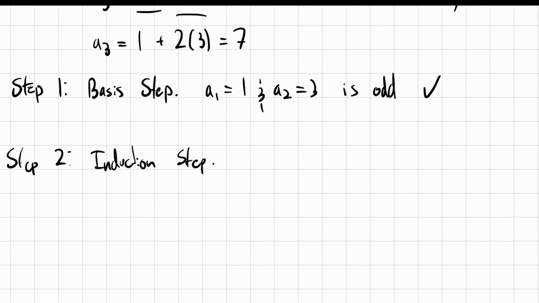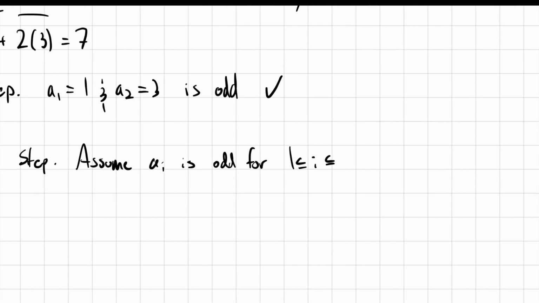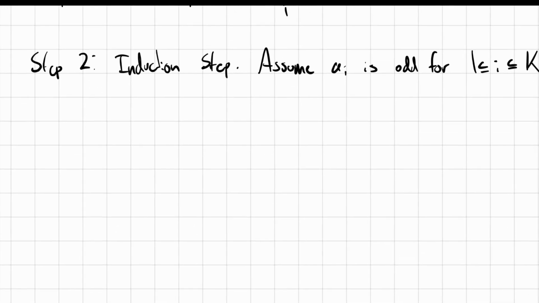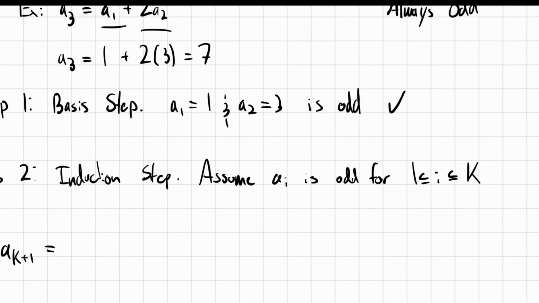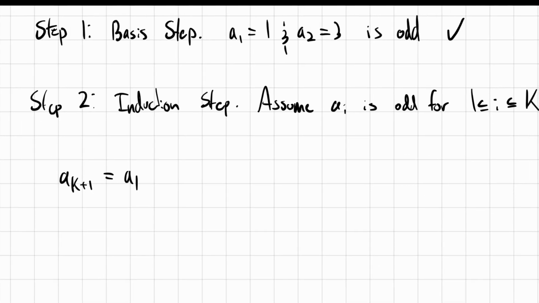Okay, so we're going to assume the value a of I is odd for 1 less than or equal to I, less than or equal to k. Awesome. And now we want to try and do a of k plus 1. From our formula, we know that that's equal to a of k minus 1, because this is plus 1, plus 2 a of k.